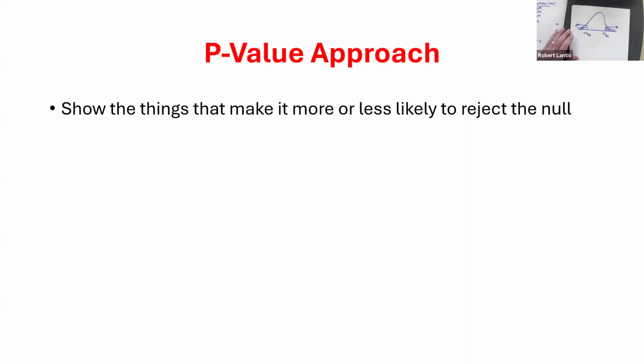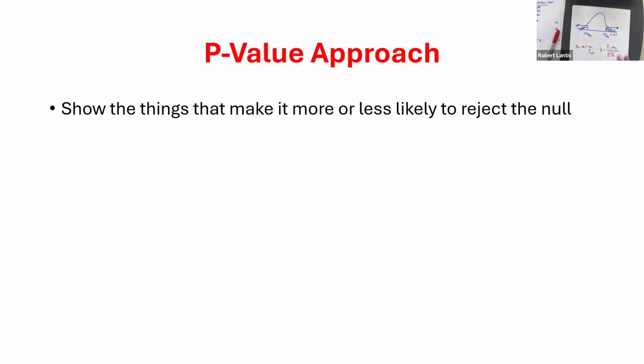So the couple of things I did want to point out. Let's say I have this mean and I'm assuming that it's equal to some value. I know that I'm going to reject if my test statistic is in these rejection regions, right? So let's think about what's going to make it more likely I can reject the null. What makes that more likely?